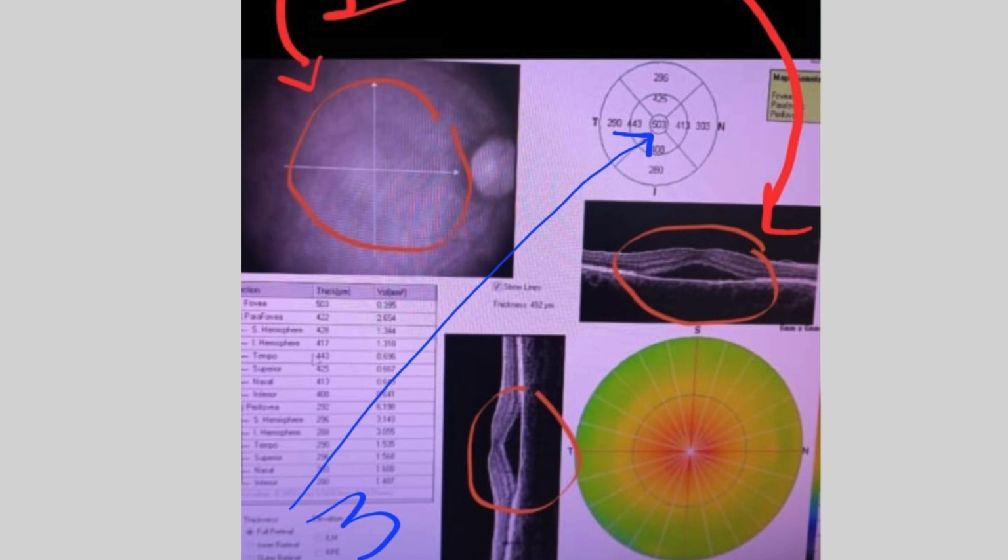And if we talk about the central foveal thickness, you can see in number 3 more than 500 micrometers.